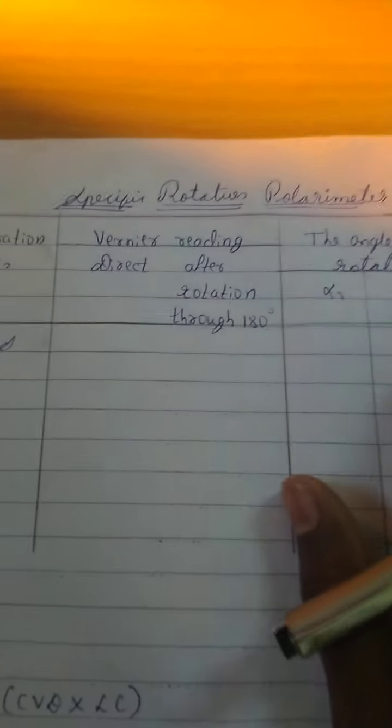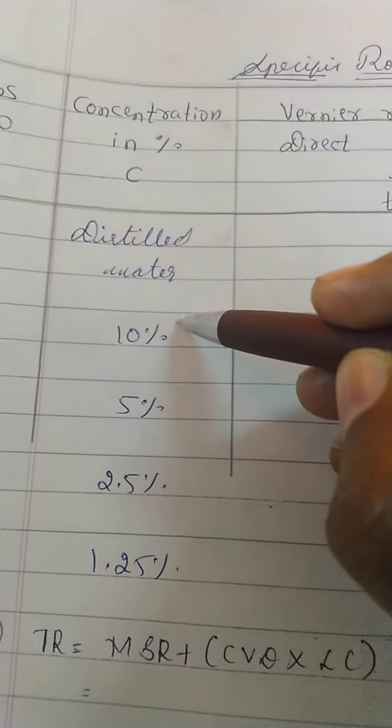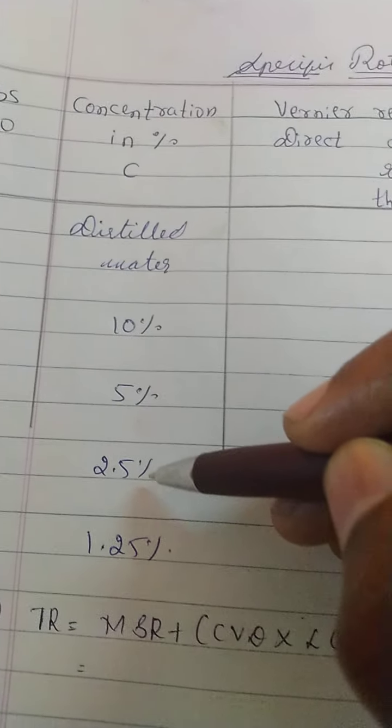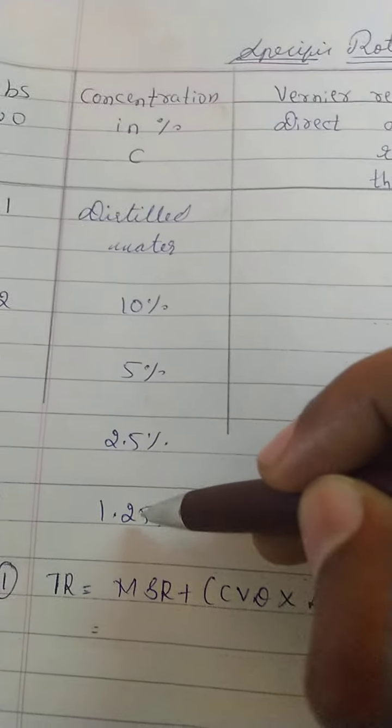Now first we have to make the solutions for the concentrations: 10% concentration, 5% concentration, 2.5% and 1.25% concentration.